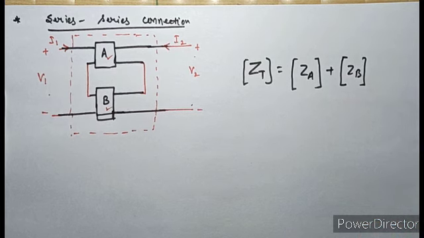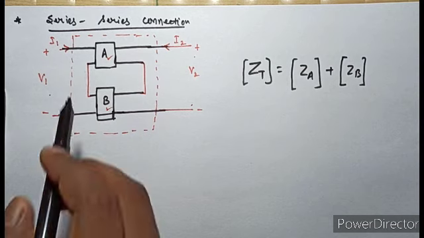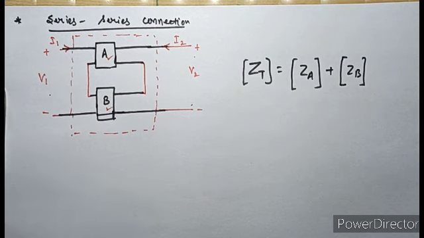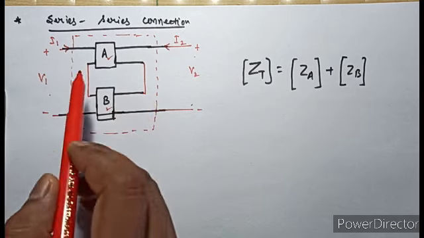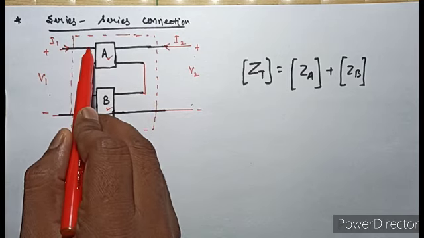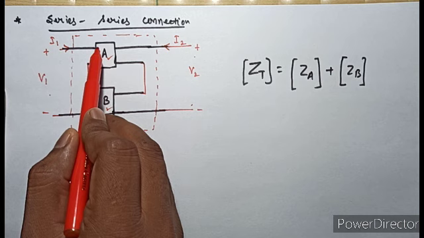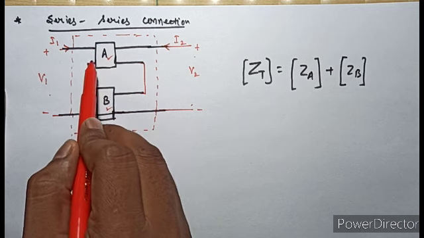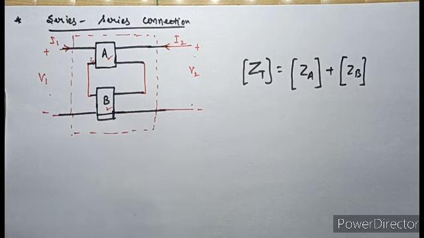Basically, in series connection, the port currents are same. Now see how? Basically, when we connect in this fashion, this I1 will enter this port and will leave I1. As we already know that whatever current enters in a port, the same will leave. The net current at a particular port is 0.